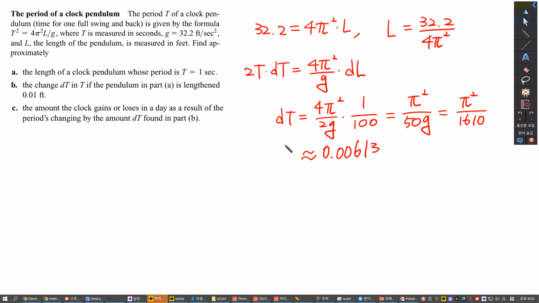When the period of the pendulum clock increases, does it mean that the clock speeds up or slows down? Slows down. Yep. So that means in this situation, in C, does the clock gain or lose in a day if it slows down?